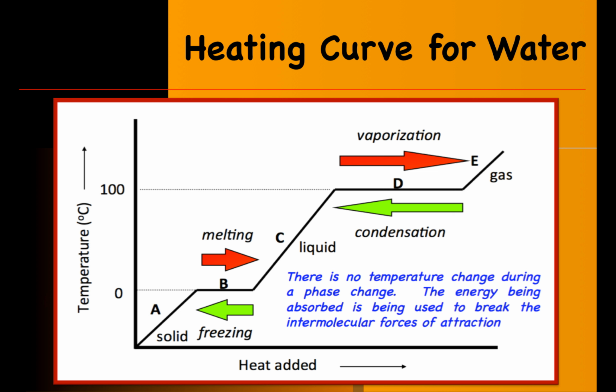Notice that in interval B, the temperature is constant. Kinetic energy is constant. That's because in order to melt, all the energy is being used to break the intermolecular forces of attraction.